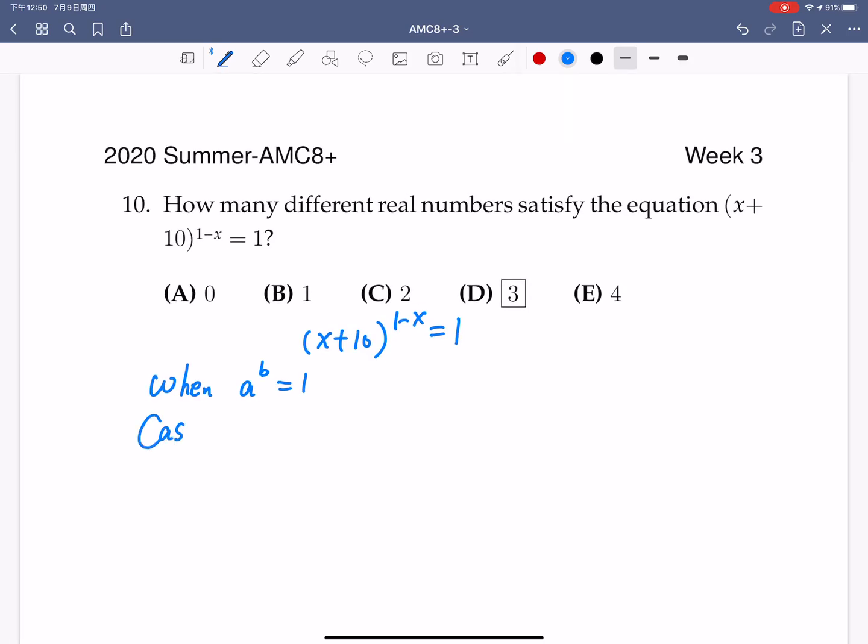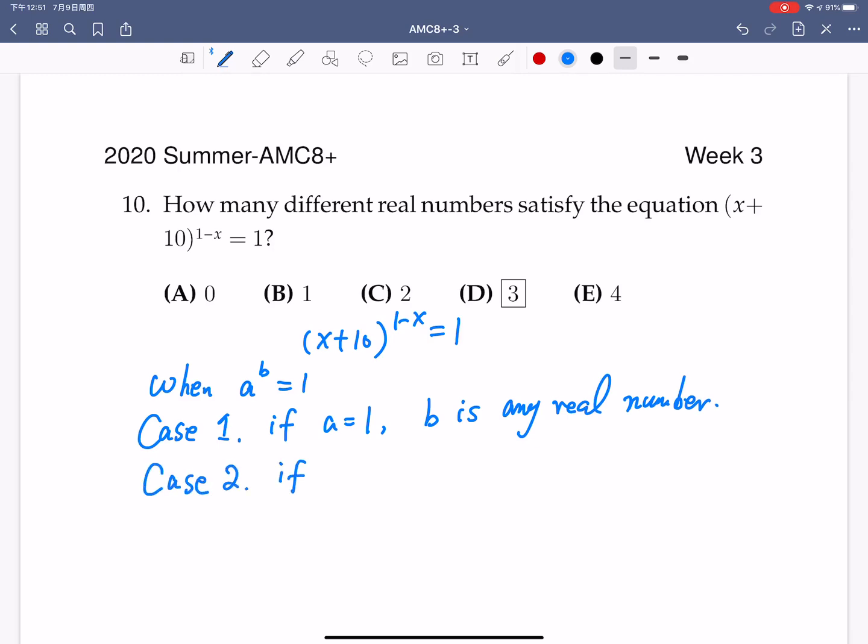Case 1, if a is equal to 1 and b is any real number. Case 2, if b is equal to 0, a is positive. So in particular, a is not allowed to be 0 when b is equal to 0, because 0 to the 0's power does not make sense.